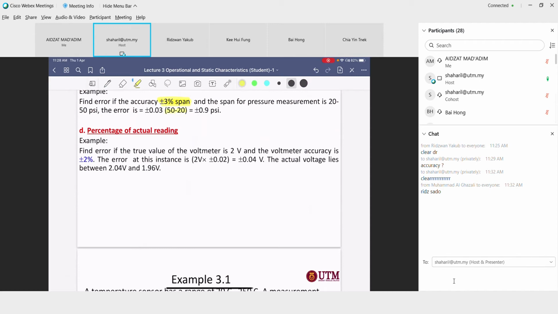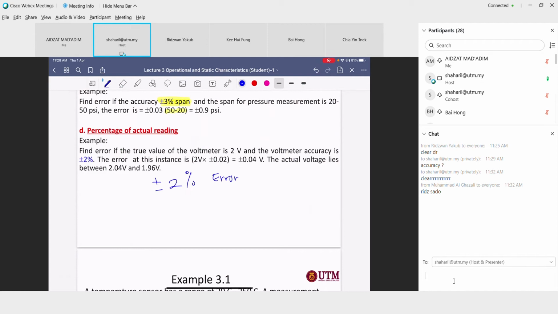And some datasheets don't give you any words after that, just plus minus 2%. It doesn't give you full scale, span, and so on. So in order to find the error from the accuracy, you need to multiply it with the reading, the true value that you got.